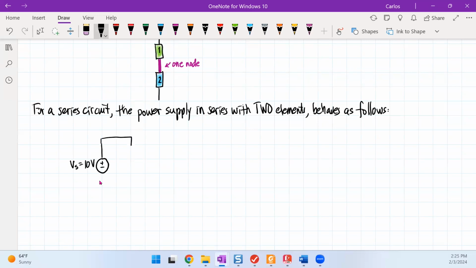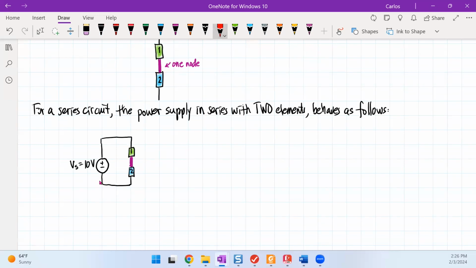So if I draw this circuit out, it tells me that I'm going to have two elements. These two elements are the same elements as up above. And so again, this is element 1, this is element 2, and once again, this is our common node. That's our one common node between these two elements.